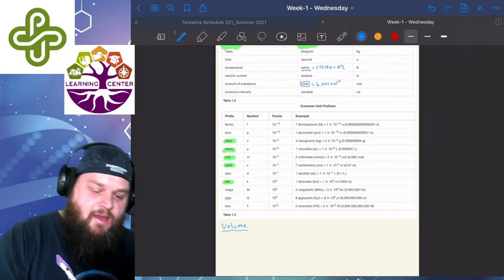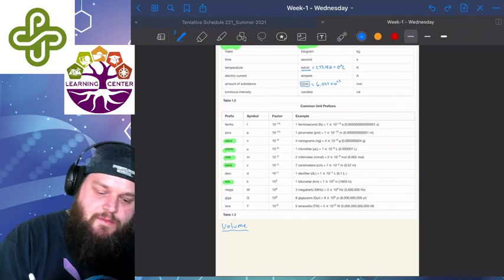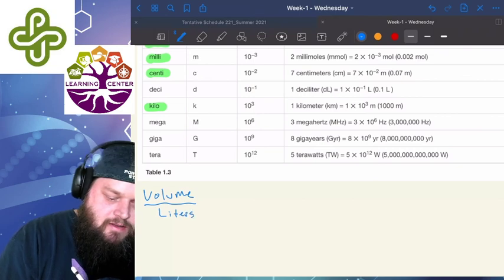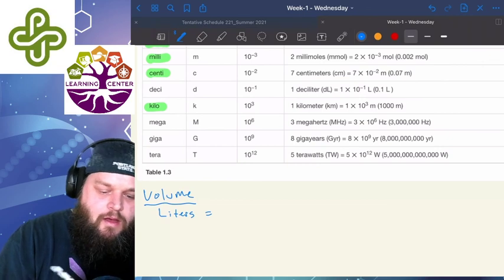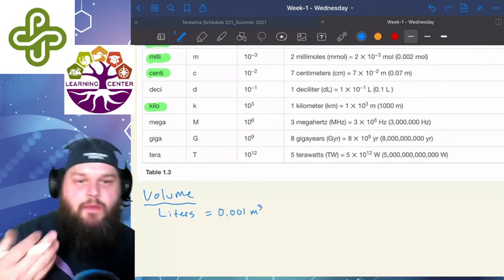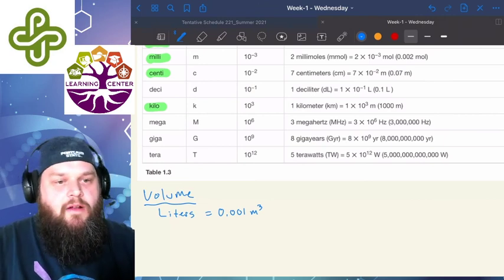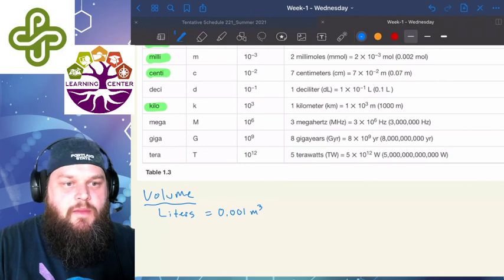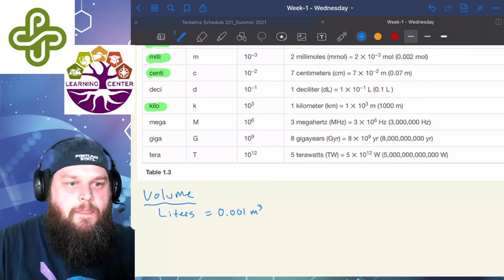Usually it's going to be in liters, which we can say is equal to, I think it was, 0.001 meters cubed. So that's 0.001 meter times 0.001 meter times 0.001 meter, and so on.